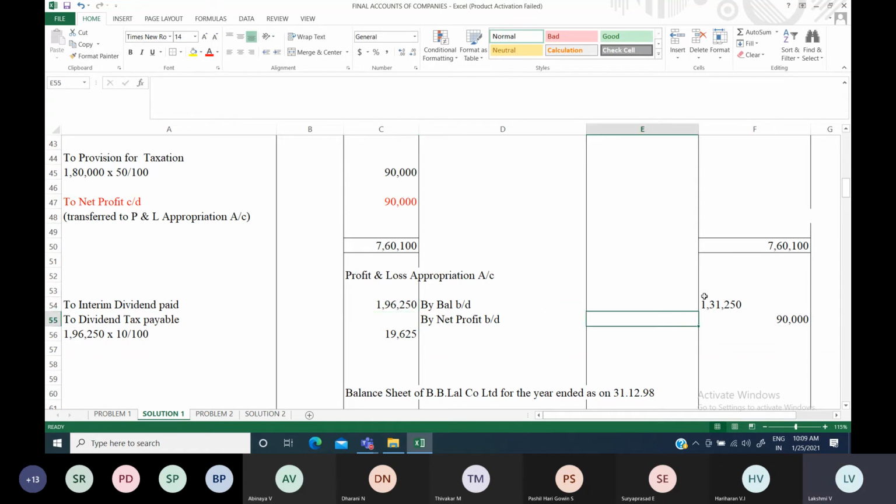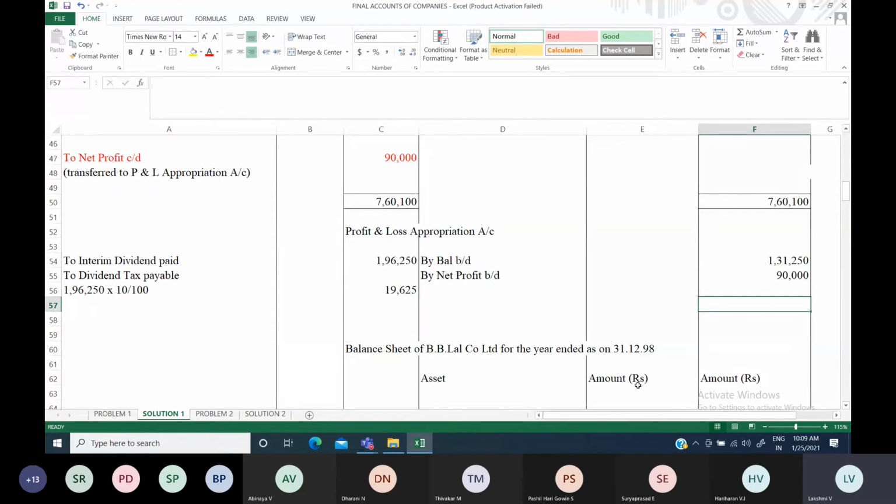Okay, so everything in the proper units place, all those things you better mention, easy for calculation. So that's all your items. No other items will be coming. If you have transfer to general reserve, you'll be doing it. If it is not given, just leave it and you can close the account now. So if you calculate these two and see which one is the higher amount, you just find out. Based upon that, we can enter the amount here.